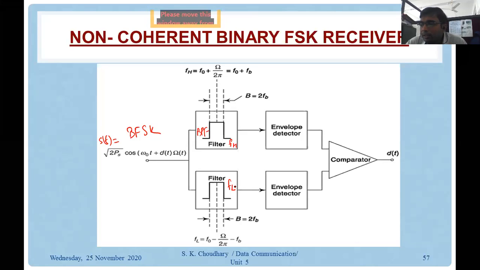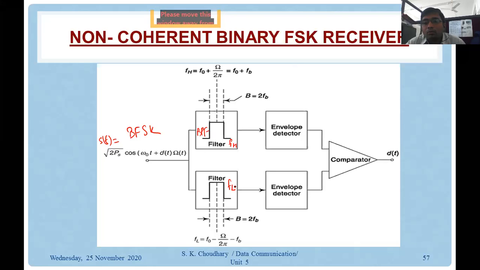When the signal is passed through the band pass filters, the outputs are signals having the frequency components tuned to FH and FL respectively. These are then passed through the envelope detector, which discards the DC component, if any is present, and only passes the frequency components at FH and FL.